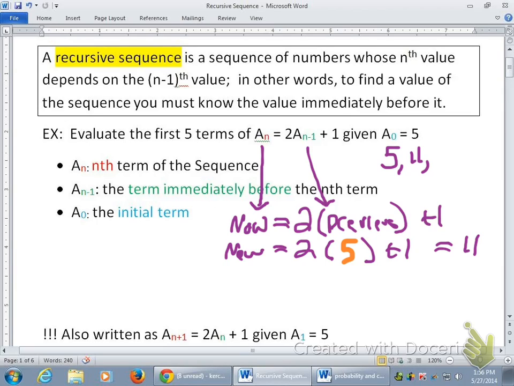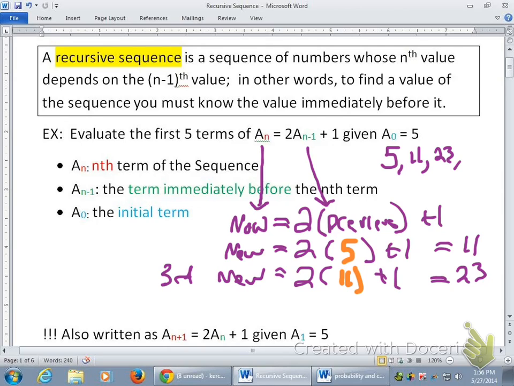In order to get my third term, I'm going to do 2 times 11, because 11 is my new previous term, plus 1, and that ends up being 22 plus 1 is 23. And I do it again and again and again. So 2 times 23.